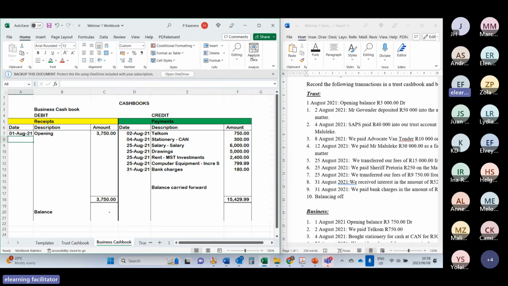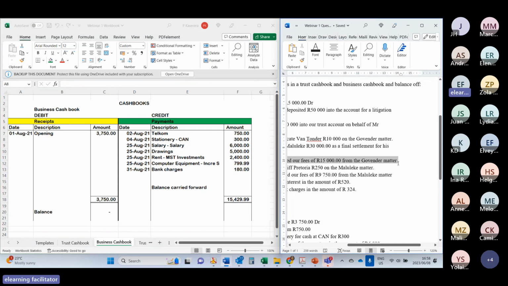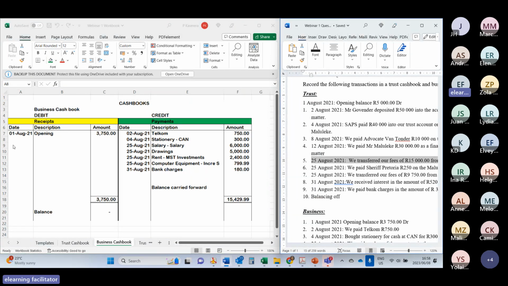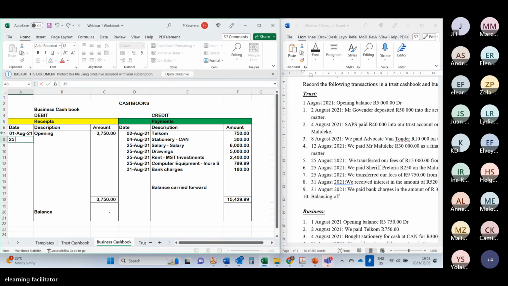So in this case, on the 25th, we transferred our fees in the Governor matter. This is what you also have to do, to make sure that when we are transferring our fees, we also receive our fees in the business account.